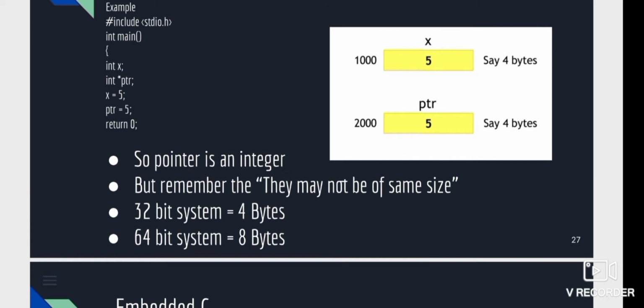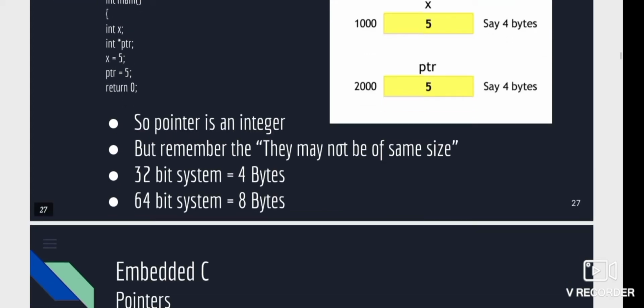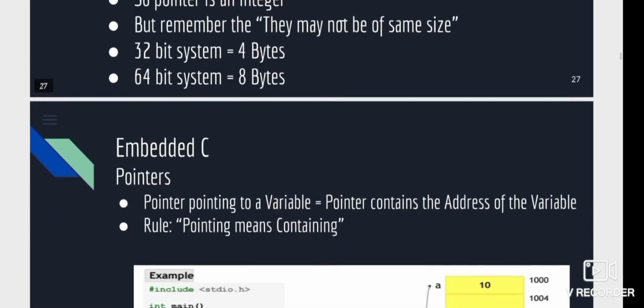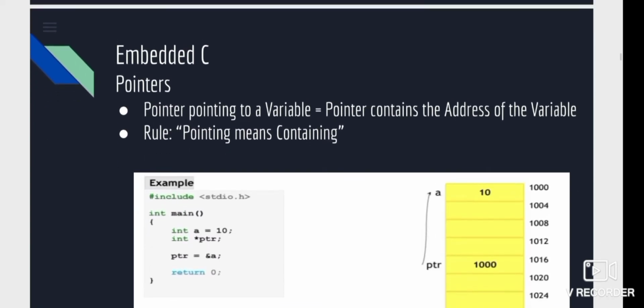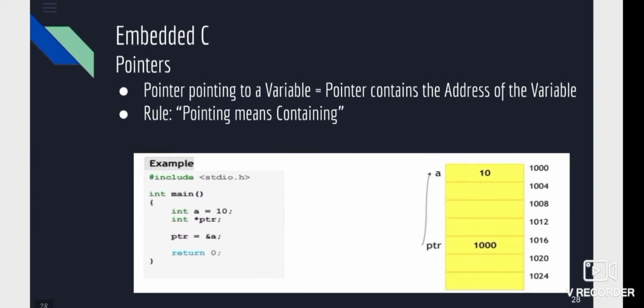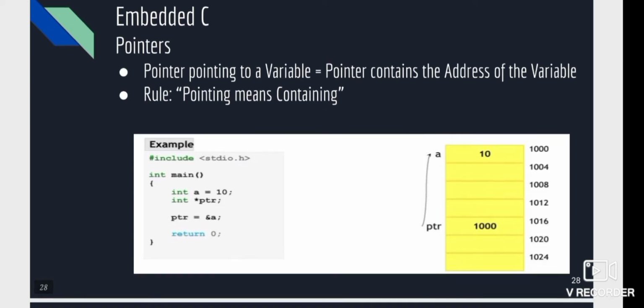So a pointer is an integer, but remember that they may not be the same size. Pointer pointing to a variable equals pointer containing the address of the variable. Rule: pointing means containing.